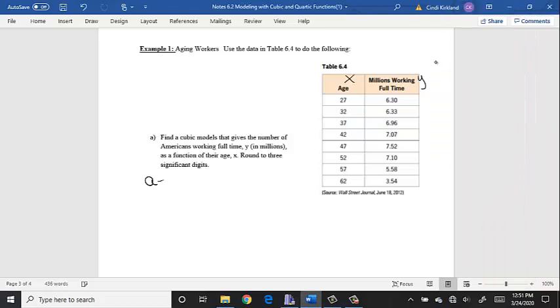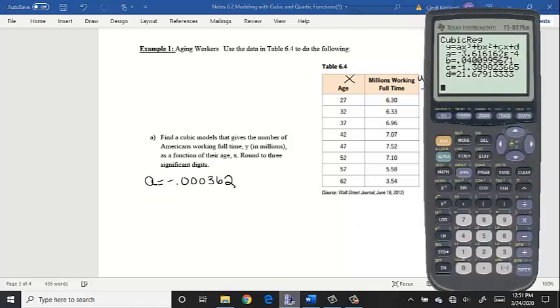So A would be negative 0.000362. All right, I need 3 significant digits. So 3, 6, 1. The 1 would be my third significant digit. When I look to the right, that's a 6, so that's why I've made the 1 a 2.